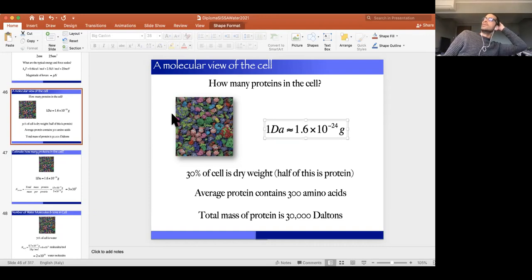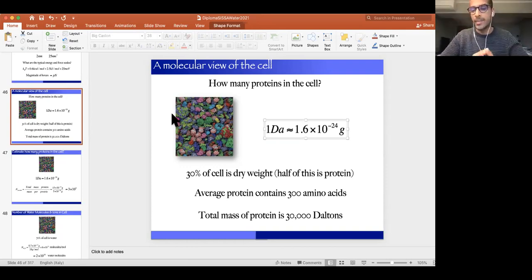You would not be able to do these types of fast processes with just Brownian random diffusion. Okay, so I'm going to get there, but first we're just getting a sense of these numbers in the cell.